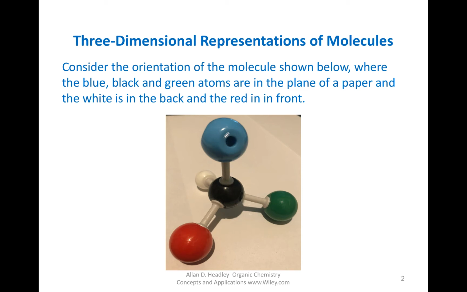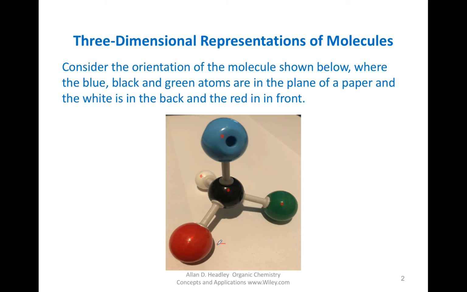First, you will notice here that based on how the molecule is arranged, this blue, this carbon, and this green atom are in the same plane. So if you're looking at your computer screen, it's right in the plane of the computer screen. And the white is in the back of your computer screen, or in your computer. And the red is sticking out in front.